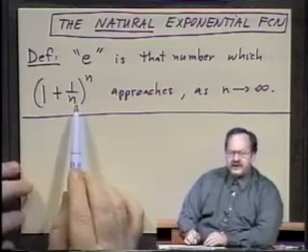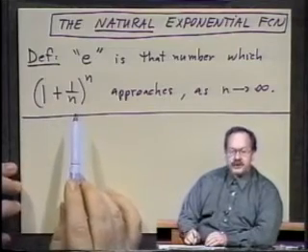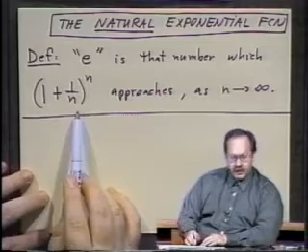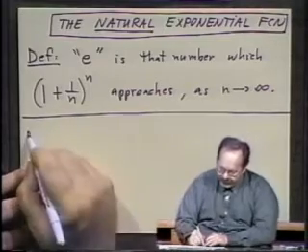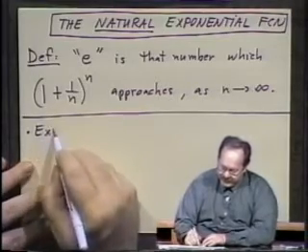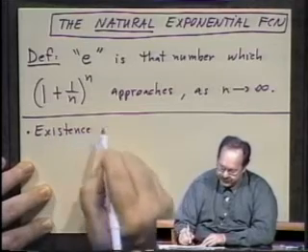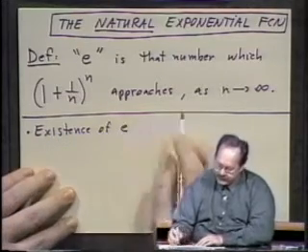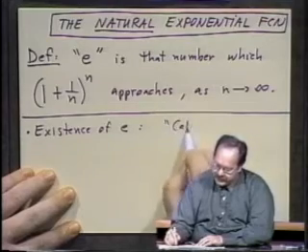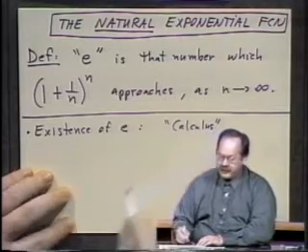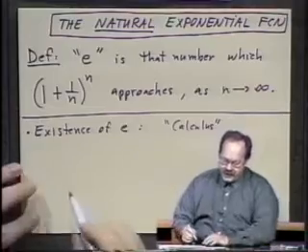If you write this expression down and let your n's get larger and larger, you will approach a particular number. You have to just believe me, because the existence of e is a calculus question. We can't prove it here, we don't have the tools.